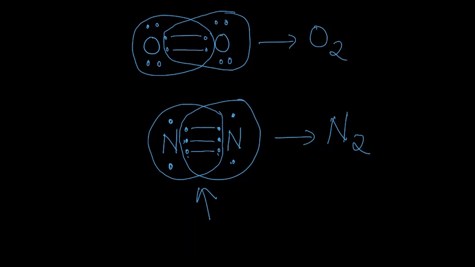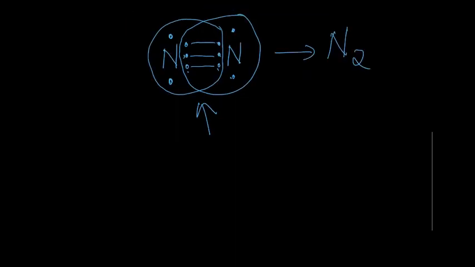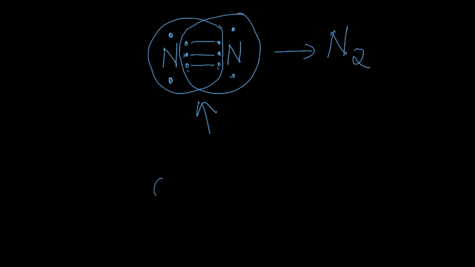So a single covalent bond between chlorine you will also see. Chlorine has 1, 2, 3, 4, 5, 6, 7 electrons in its outermost orbit. Another chlorine atom, same thing, has 7 electrons in its outermost orbit, so it shares 1 electron.